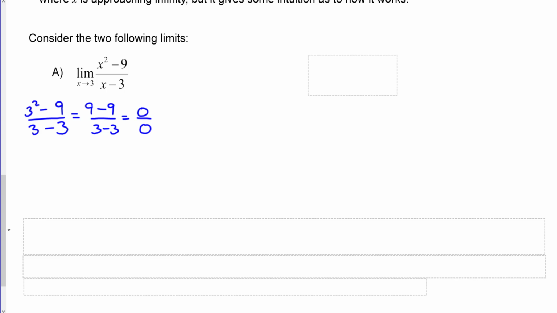So in the past, what we were told here is that this is an indicator that some sort of algebraic reduction can be done so that we could still evaluate this limit.